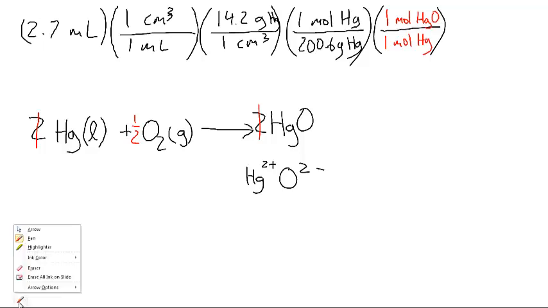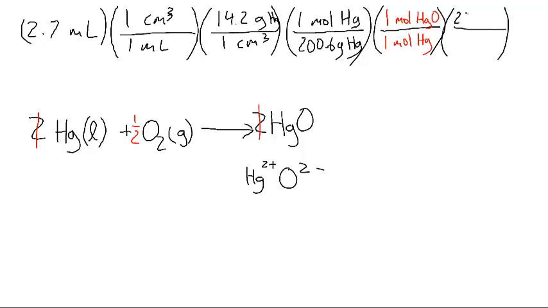And then I would finish it off by going to the quantity asked for, which was mass. So there's 216.6 grams of HgO for every 1 mole of HgO.